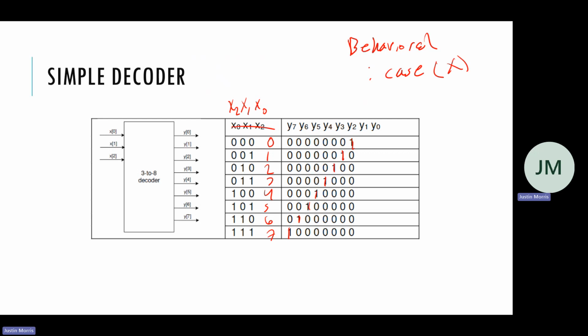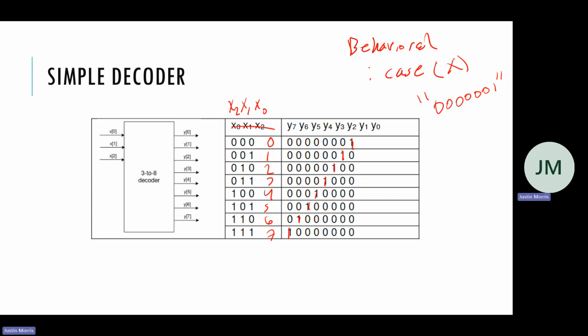Yes, X. And you can output the very simple binary, right? 1, 2, 3, 4, 5, 6, 7, like that. And just do one case for each possible combination of X. And it's going to go into a process block.